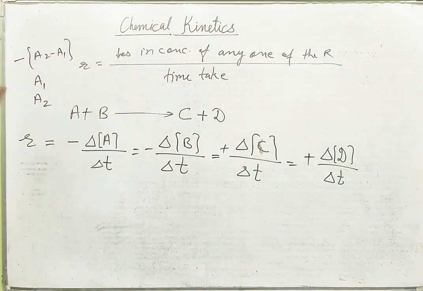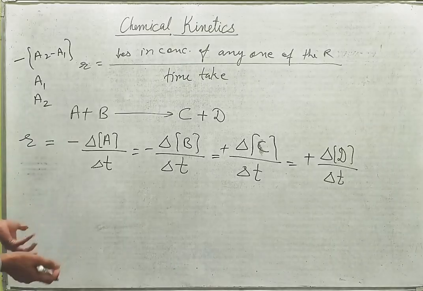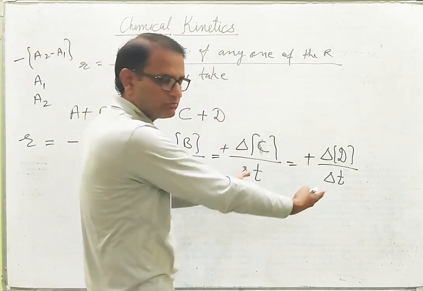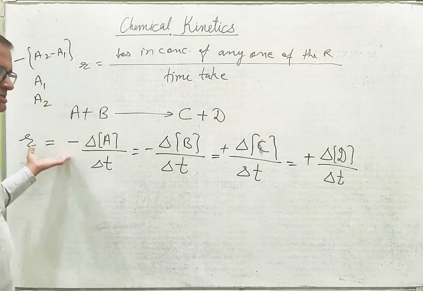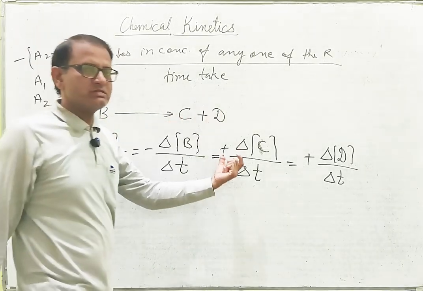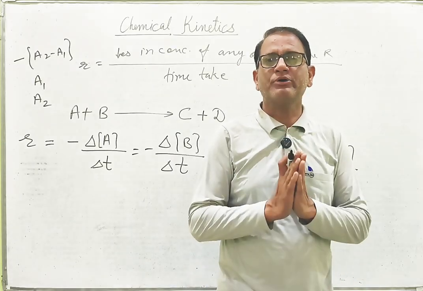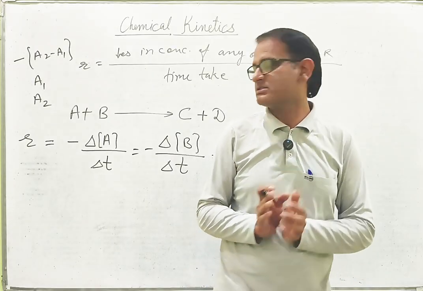So this is how we can express the rate of reaction in terms of any one of the reactants or any one of the products. Minus sign means there is decrease in concentration of reactant, plus sign means there is an increase in the concentration of a product. Am I right? Yes.